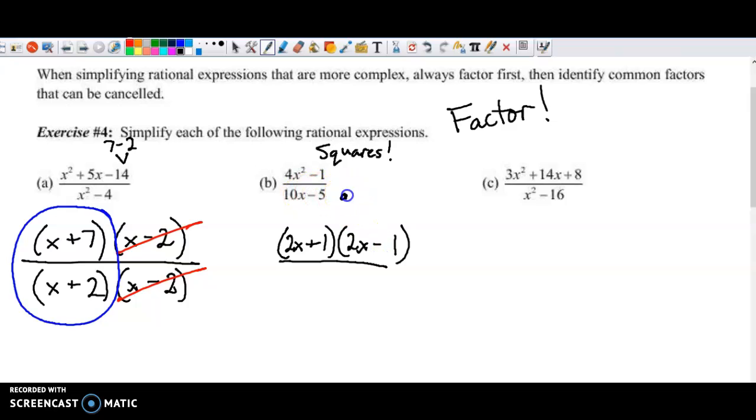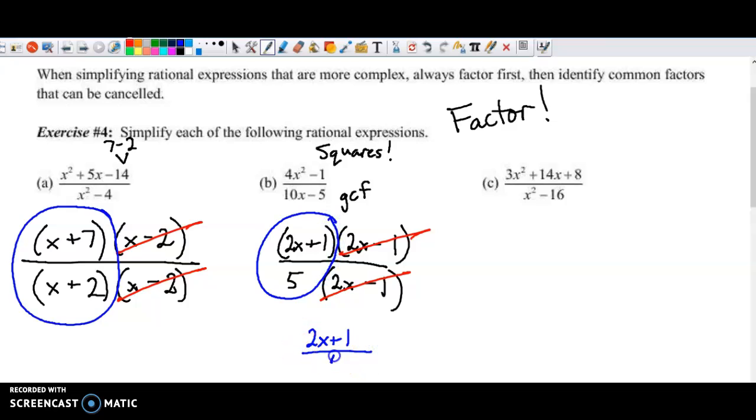Now the bottom, all it has is a greatest common factor. 5 goes into both of those. And 5 times 2 gives you 10. And 5 times 1 gives you 5. Make it negative. And just like before, the identical factors cancel. And then this other piece is the final answer. I should probably write it out. That we would write it this way, 2x plus 1 over 5.